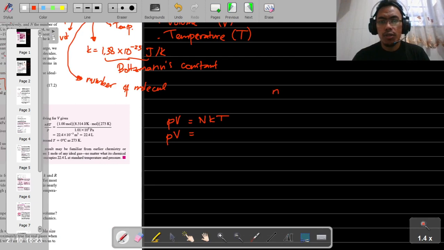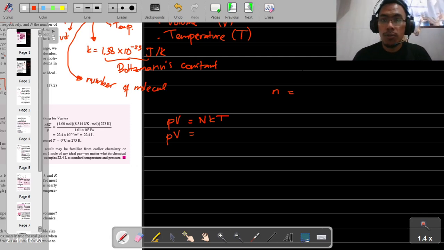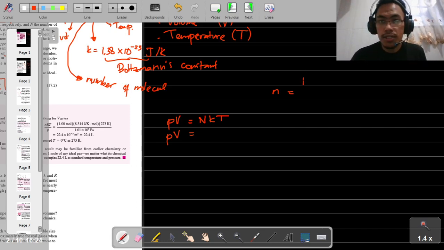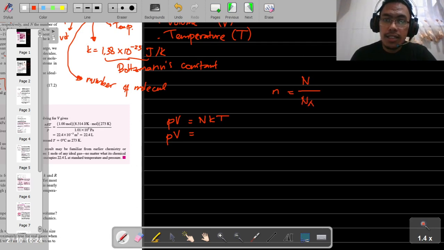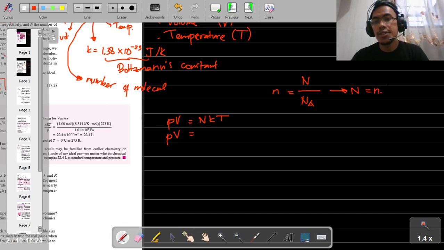The relationship between mole, number of molecules, and the Avogadro number is like this. The moles of gas, n, equals the total number of molecules, N, divided by the Avogadro number, NA. Or we can say the big N equals small n times the Avogadro number.